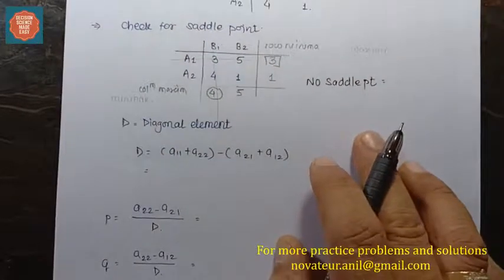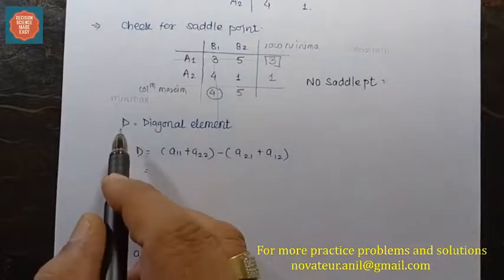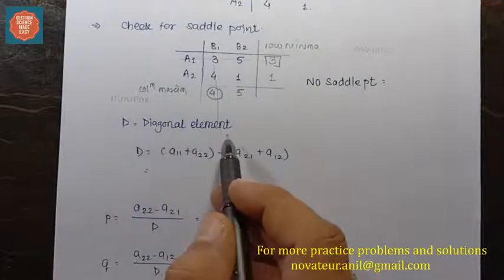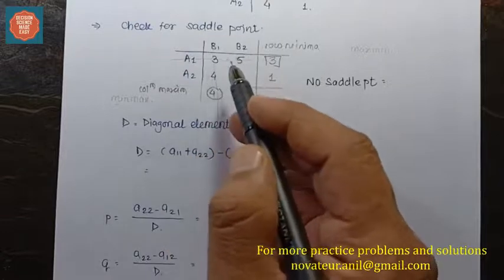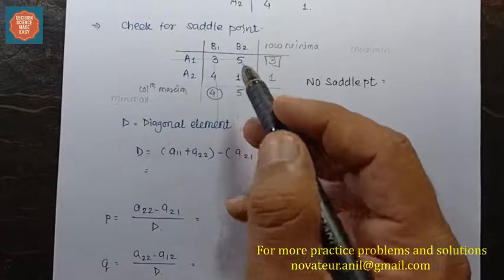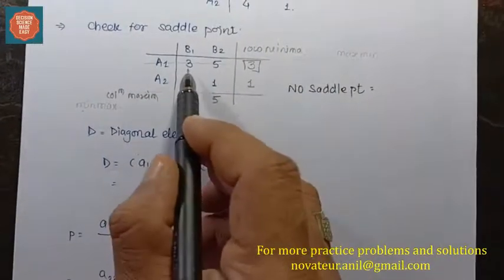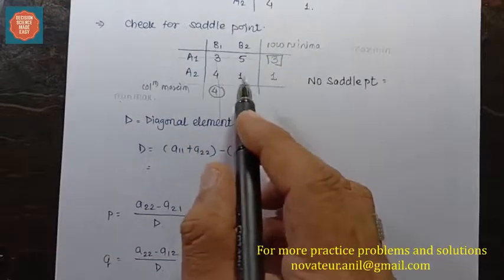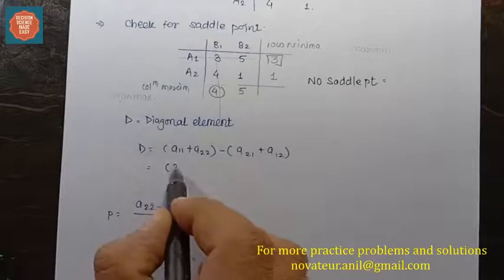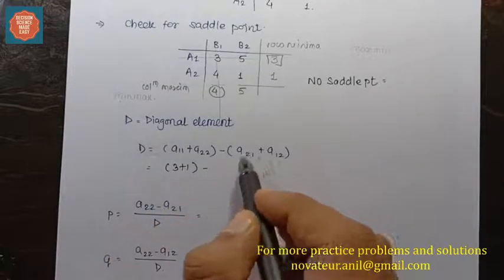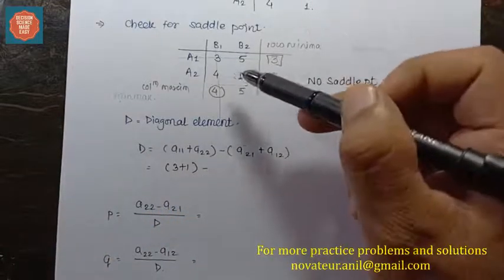In order to solve this, it is very simple. First I am going to find the value of D, that is the diagonal elements: this diagonal element plus this diagonal element. So A11 is 3, A22 is 1, so it will be 3 plus 1 minus (A12 plus A21).